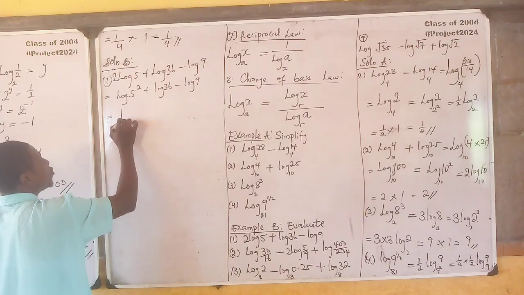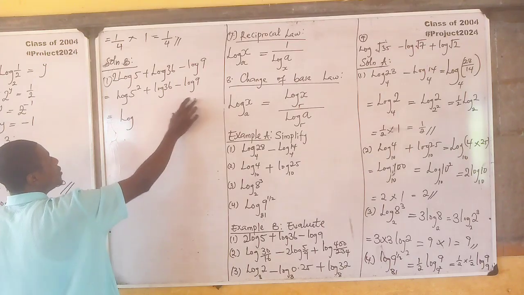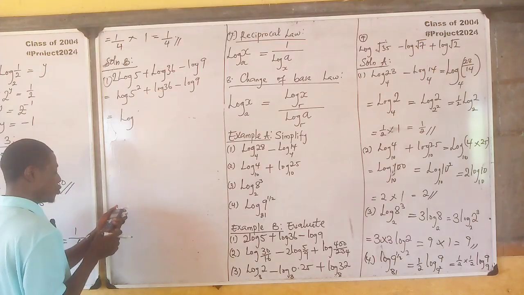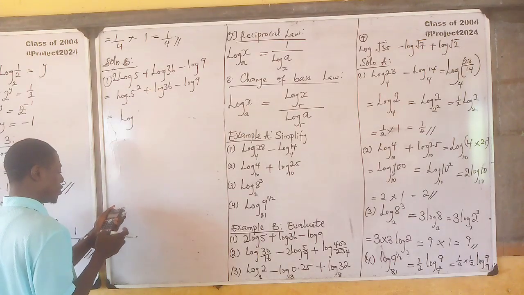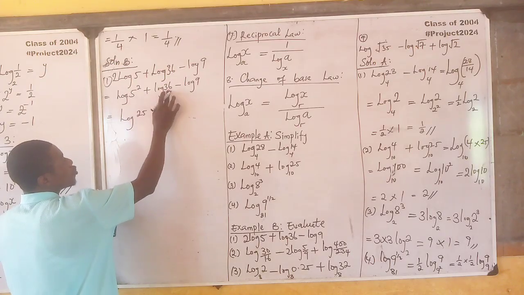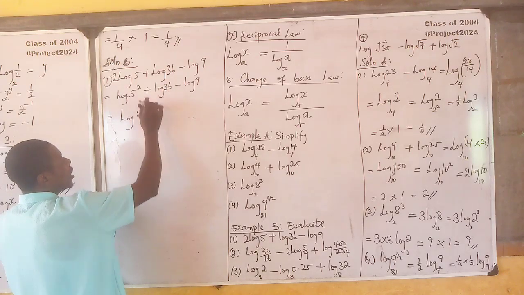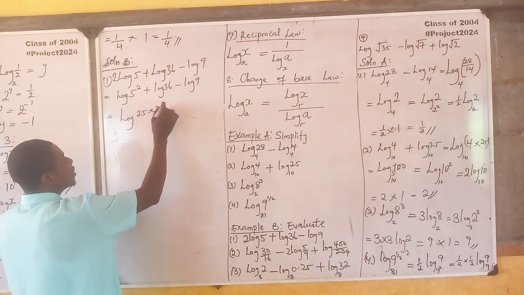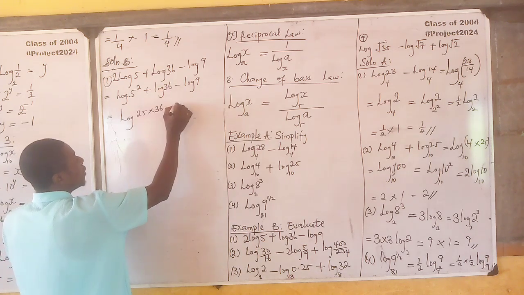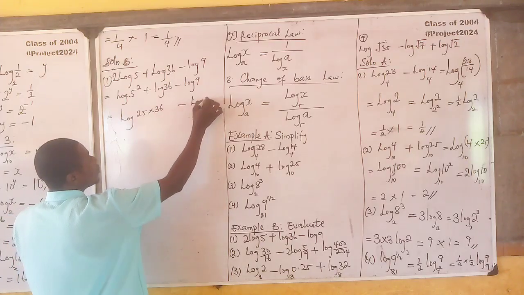So we pick one of the logs. Since all of them are in base 10, this one now will be 5 raised to the power 2, which is 25. Then since it's plus, plus means you multiply by 36. Then we have minus log of 9.